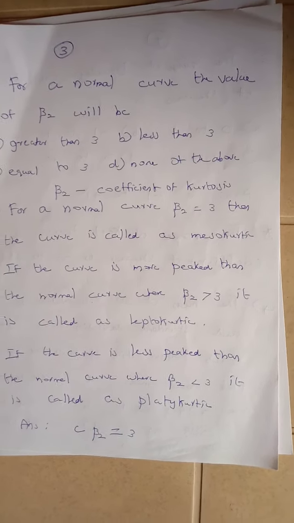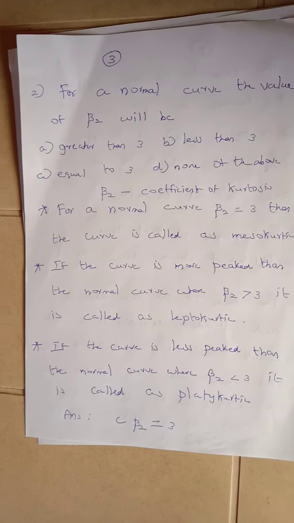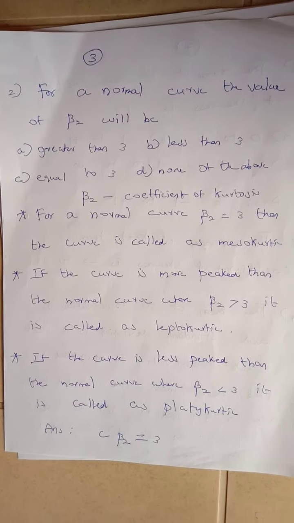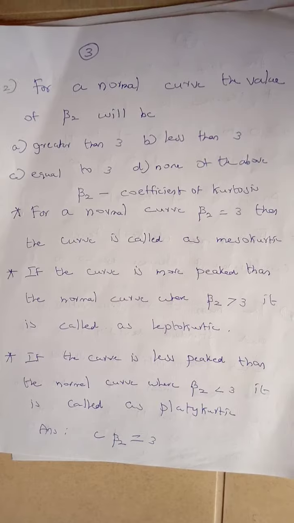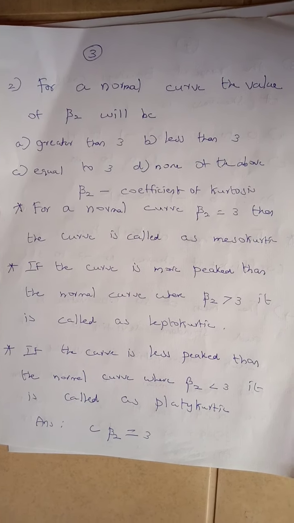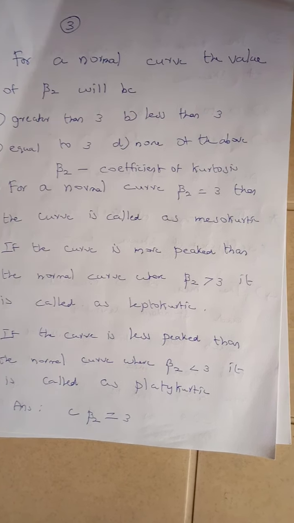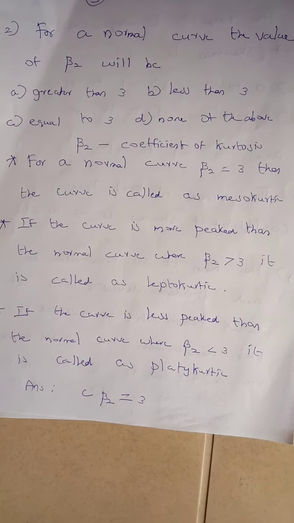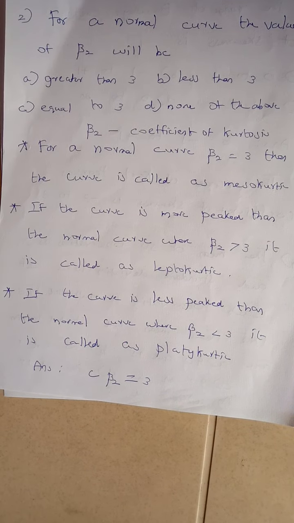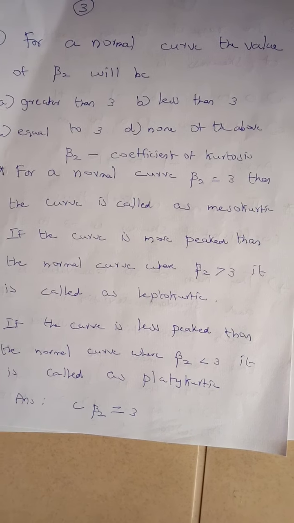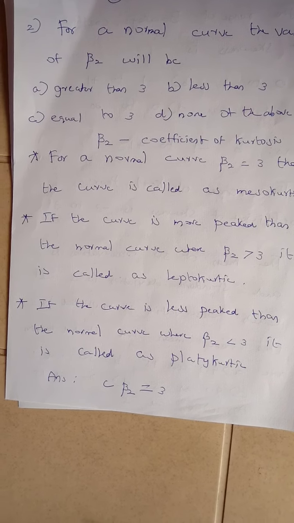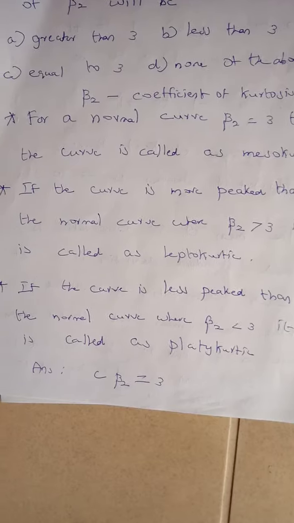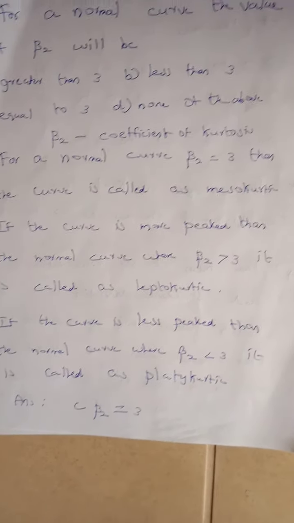So for a normal curve, beta 2 will be equal to 3 and it is known as mesokurtic. If it is more peaked than the normal curve, beta 2 value will be greater than 3, and it is called leptokurtic. If it is less peaked than the normal curve, beta 2 will be less than 3, and it is called platykurtic. So for the given problem, for a normal curve the beta 2 value will be equal to 3.